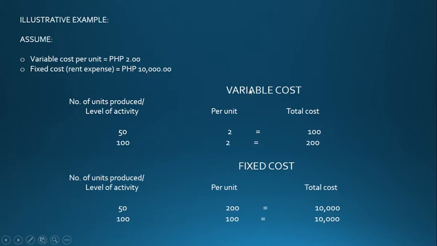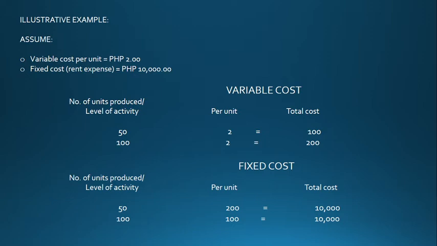So, we first discuss about variable cost. In a level of activity of 50, the variable cost per unit is 2 pesos. So the total variable cost will be 100. In 100 units naman, at a variable cost of 2 pesos per unit is equal to a total cost of 200.